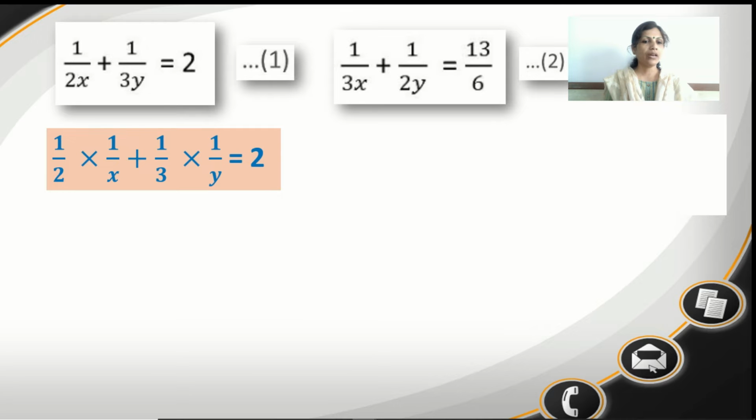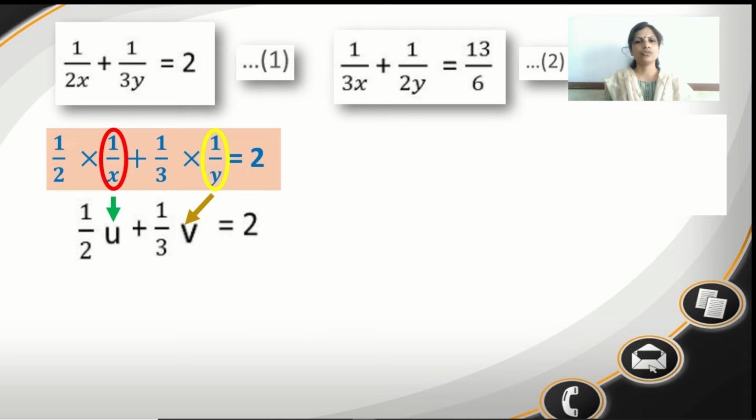So I'll write 1 upon 2 into u, plus 1 upon 3 into v. Understood? Because we have taken the substitution 1 upon x as u and 1 upon y as v, and this is equal to 2.